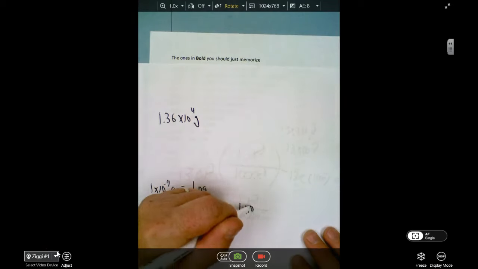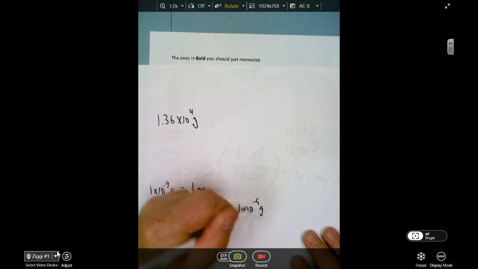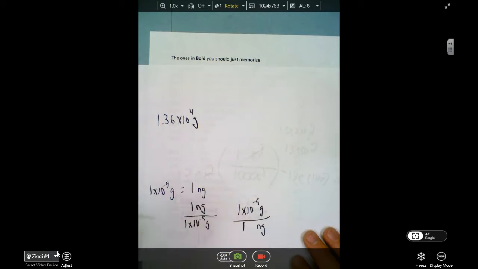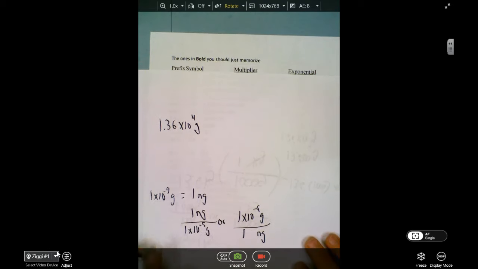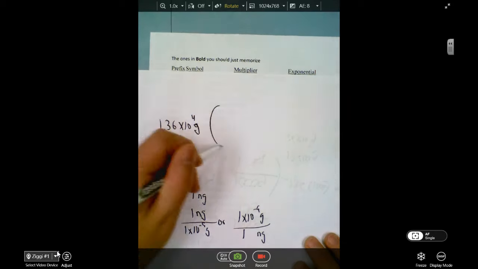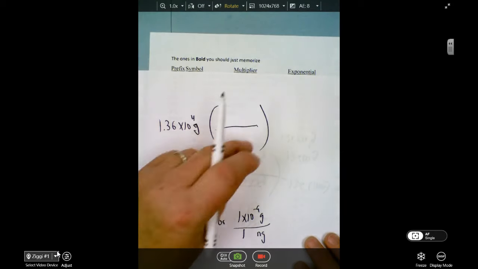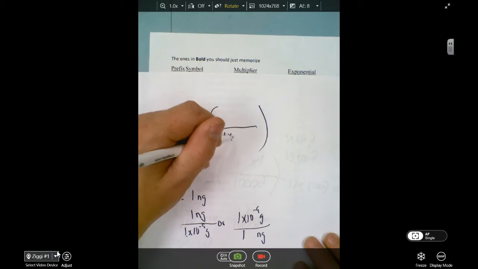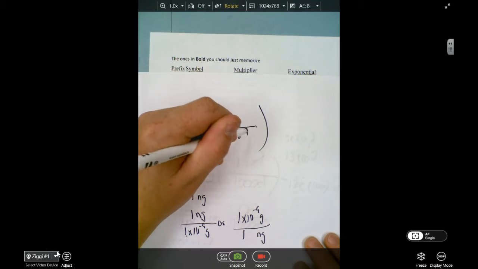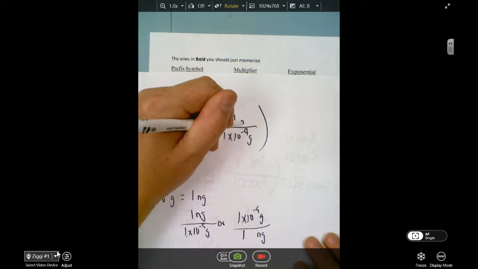So I can have 1 nanogram over 1 times 10 to the minus 9th grams, or 1 times 10 to the minus 9th grams divided by 1 ng. So I pick my poison here, as it were. Since the grams is here, I need to have grams down here, which puts this one here. 1 times 10 to the minus 9th grams, 1 nanogram.